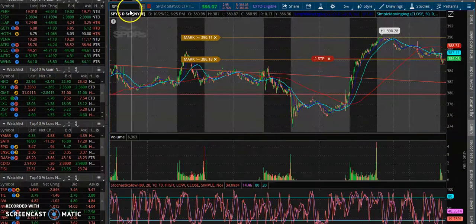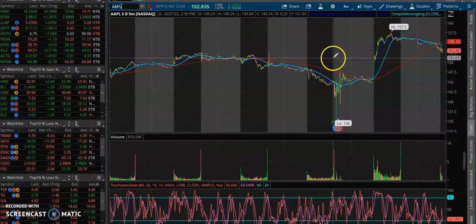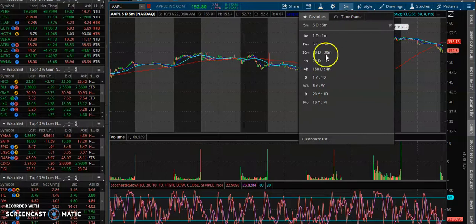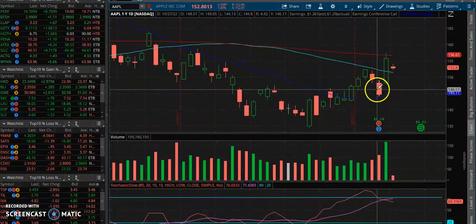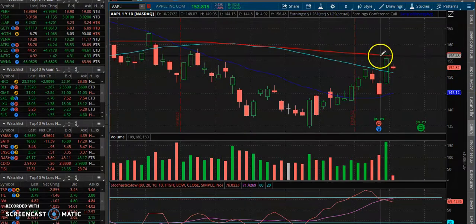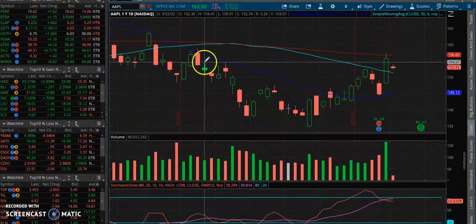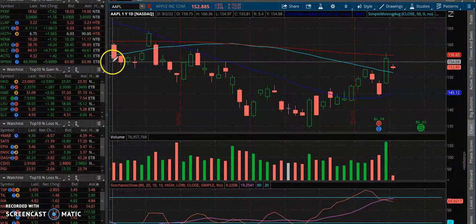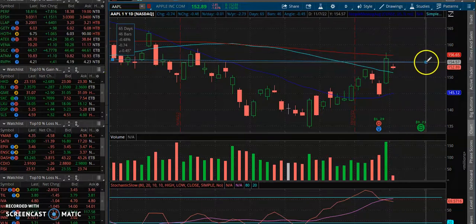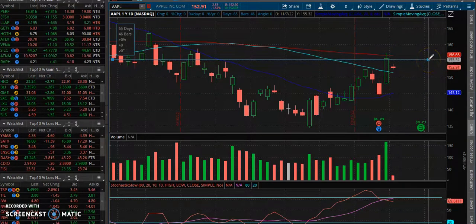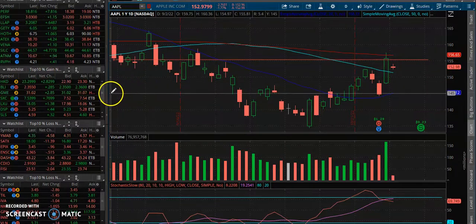Some people trade Apple. Let's talk about Apple. Apple had earnings, so it's a little bit different, but still the same. Look at this bar. At some point, we go to the bottom of this bar, which is what set the range, because look at where we are right here.